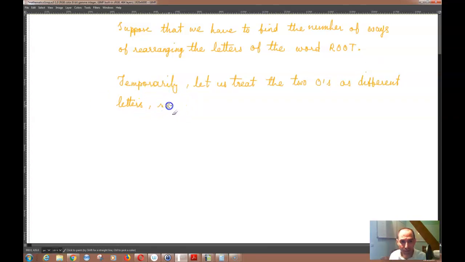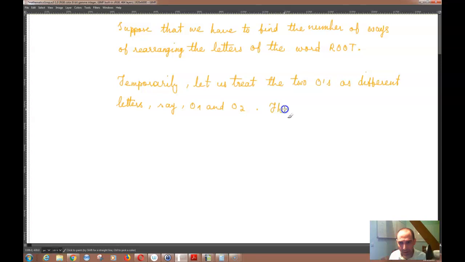Let's say, for example, O1 and, for example, O2. The number of permutations of 4 different letters, in this case taken all at a time, is 4 factorial.